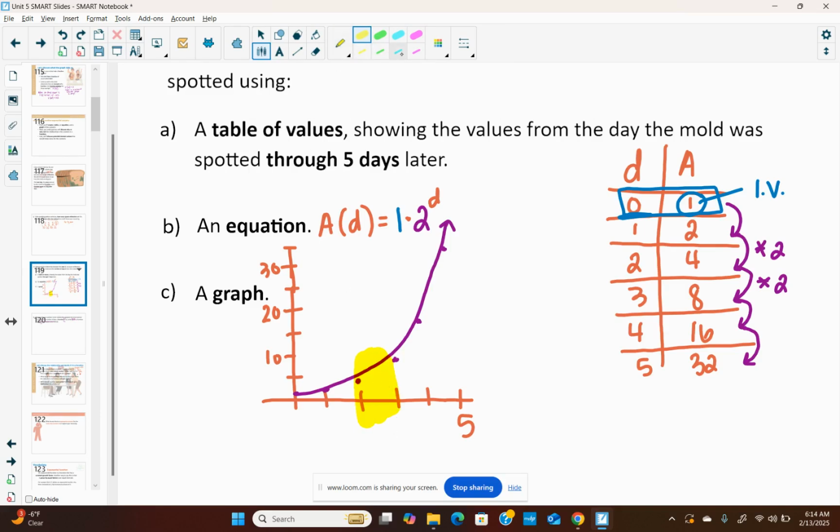What would the value right here represent? Well, it would represent that growth of the mold between day 2 and 3. So somewhere on day 2 before day 3. So, you know, 2 days is 24 hours and 36 hours.